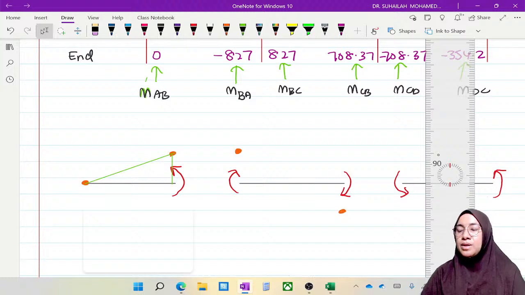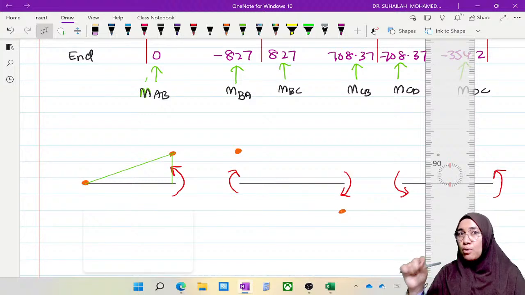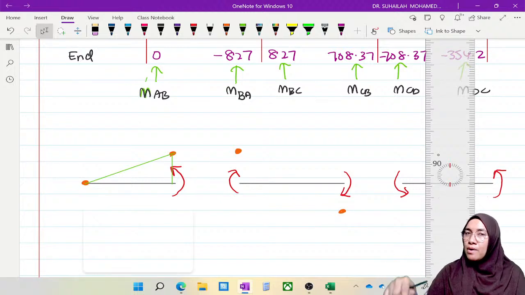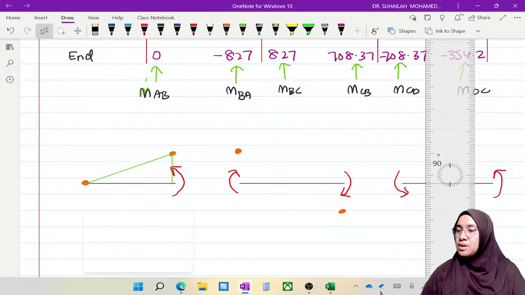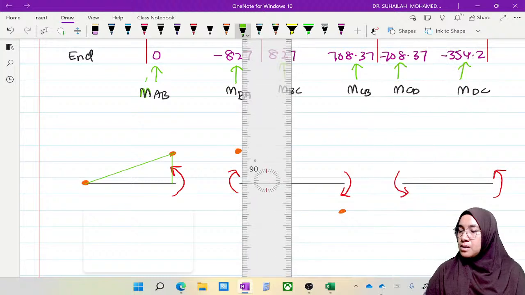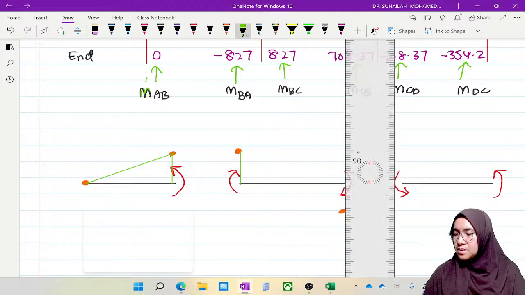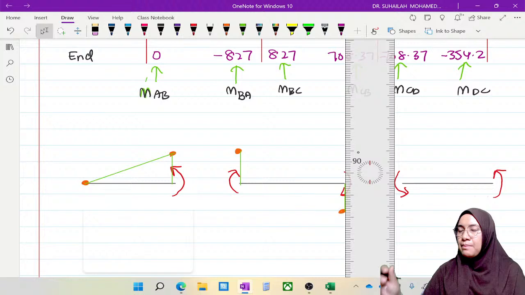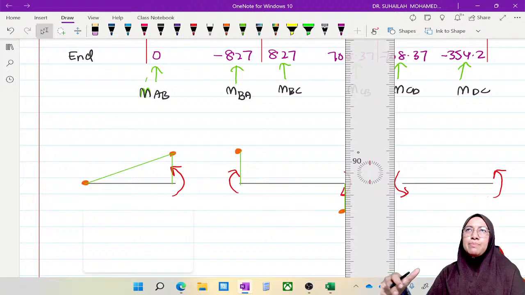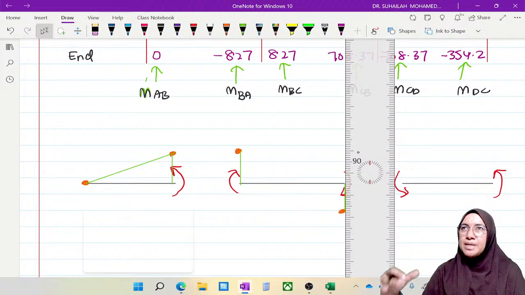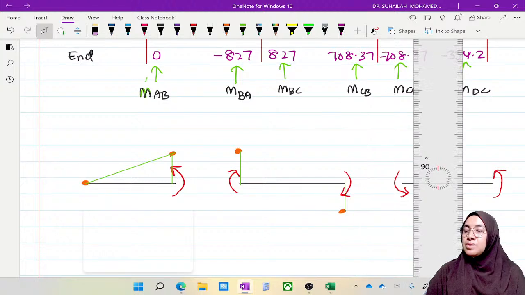We identify the position of the moment from the moment direction. That is the point. But since member BC has UDL, we know that it is a curved line.